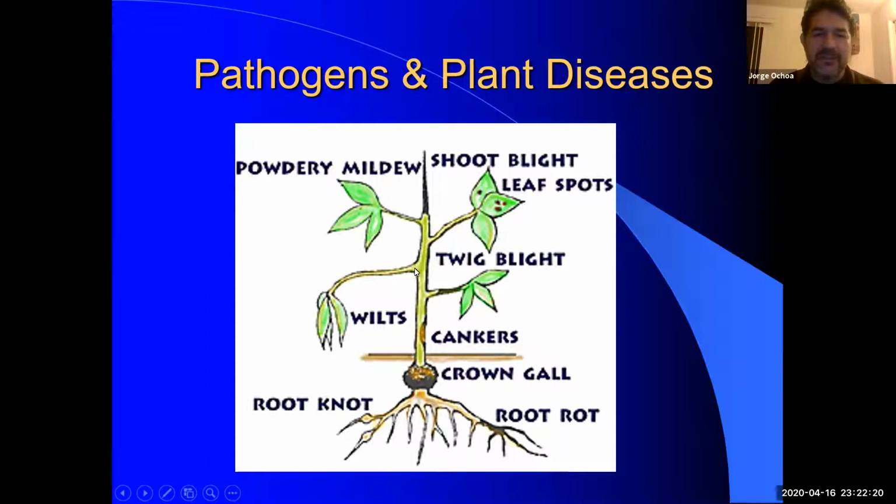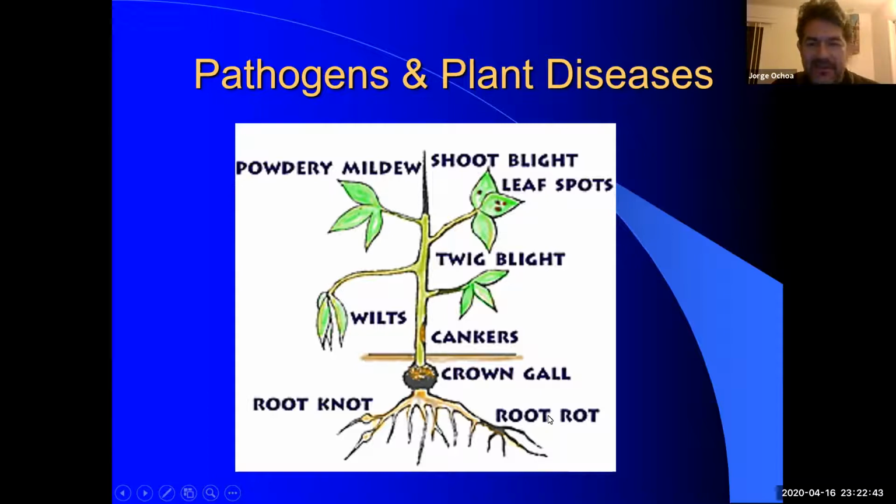We're going to see some diseases that happen to affect the vascular system of the plant, causing what is known as wilts. And then we're going to see some things that are called galls, which can be equated to tumors for humans, but in plants they're not detrimental. So some kind of gall growth on a plant.